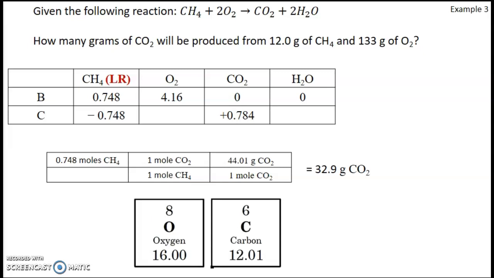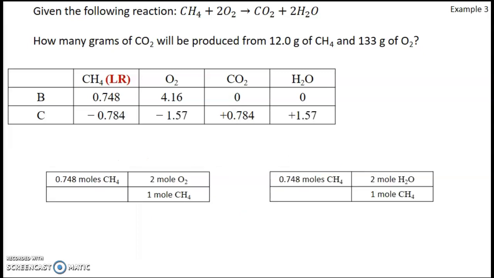You may have noticed that there are still some blank spots in our BCA table. There's also no A in our BCA table. So in order to go ahead and fill out the rest of the table, we're going to use other mole-mole ratios from the balanced chemical reaction equation to determine the amounts of the other substances. Again, all of these railroad tracks start with the limiting reactant.